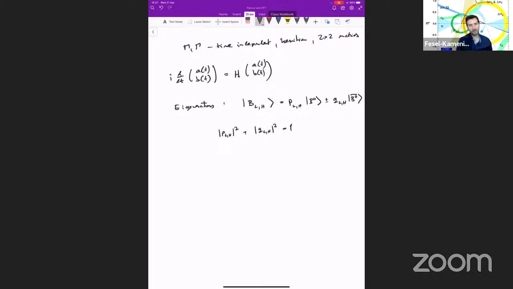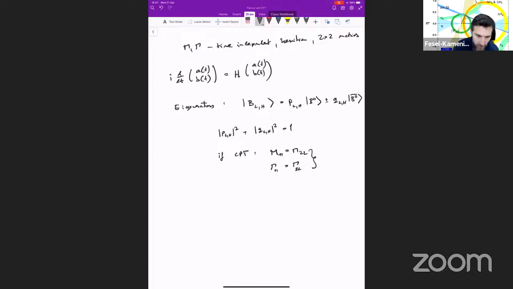However, we know more. We know that if the theory is described by a local quantum field theory, it needs to satisfy CPT, and if CPT holds, then we can further show that these matrices M and Gamma satisfy further constraints, namely the diagonal elements need to be the same, M11 equals M22, and also Gamma 11 equals Gamma 22.